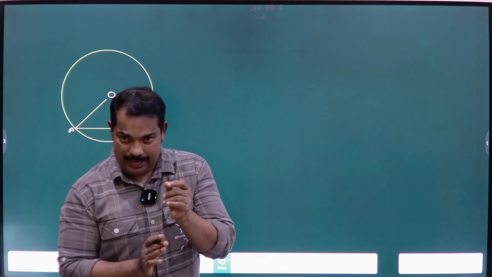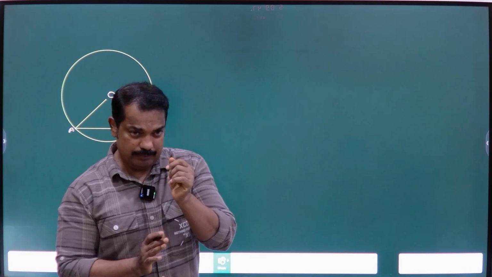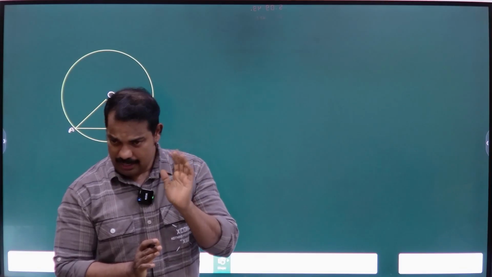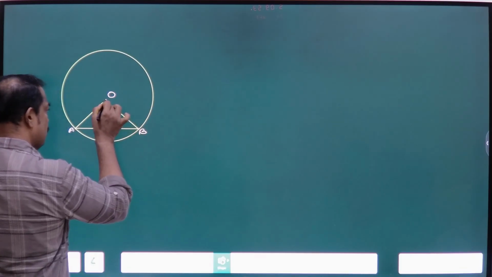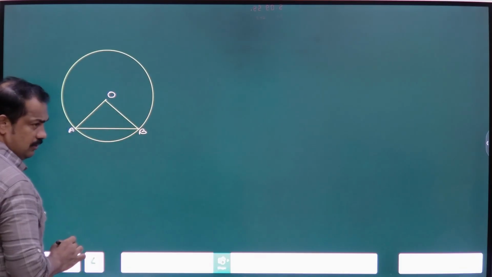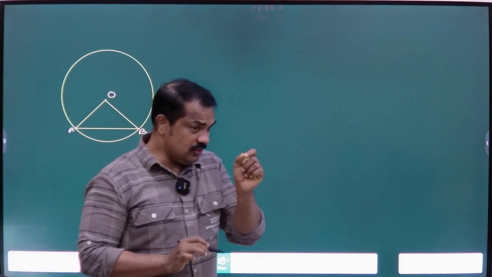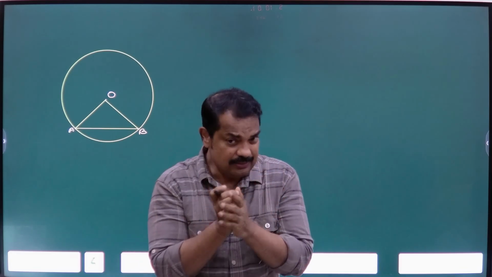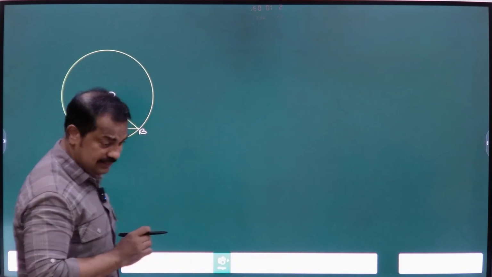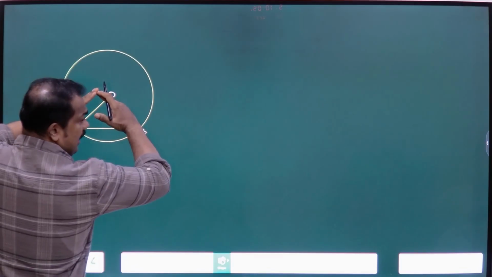From one end, draw a line segment to the center. From B also draw a line segment. Then these two line segments make an angle at the center. देखो, these two make an angle at the center.